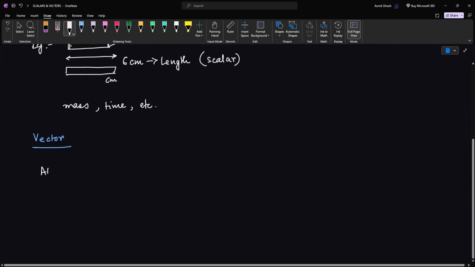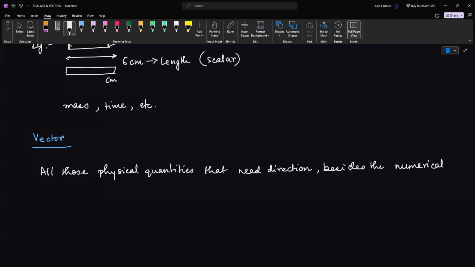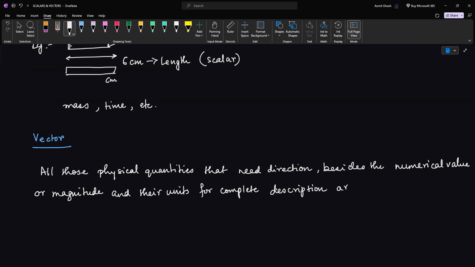A vector is all those physical quantities that need direction besides the numerical value or magnitude and their unit for complete description. These are called vectors.